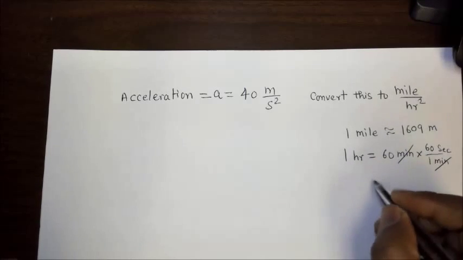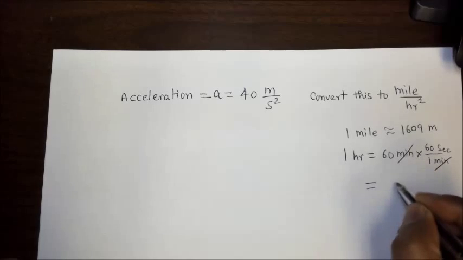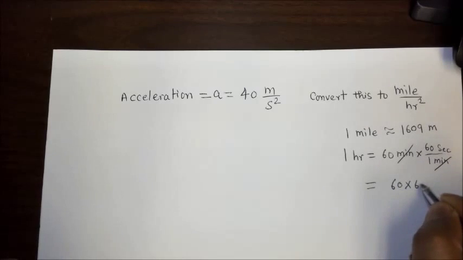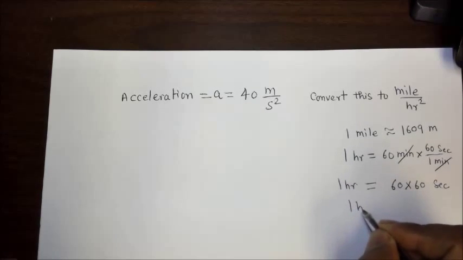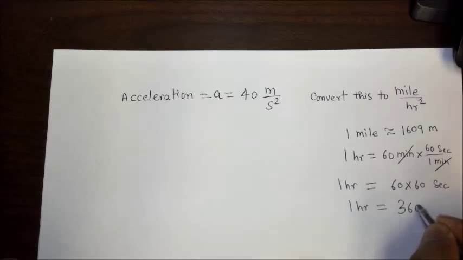Minute and minute cancelled out, so 60 times 60 seconds, 1 hour. 1 hour has 3600 seconds.